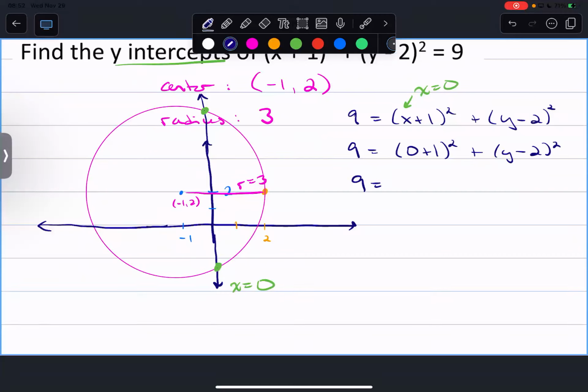Nine is 1 squared, which is 1, plus y minus 2 squared. Again, we need to get y minus 2 squared on its own before I can take the square root. And so I need to move this 1 over to the left. So 9 minus 1 is 8, equals y minus 2 squared.